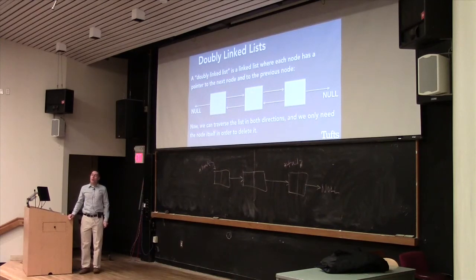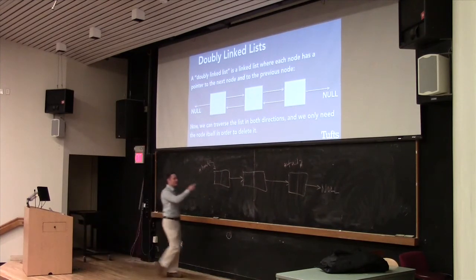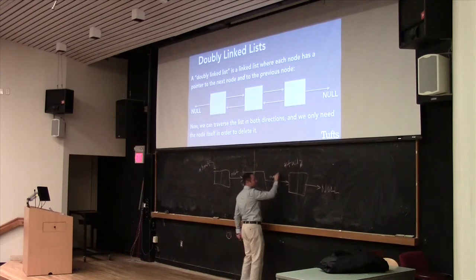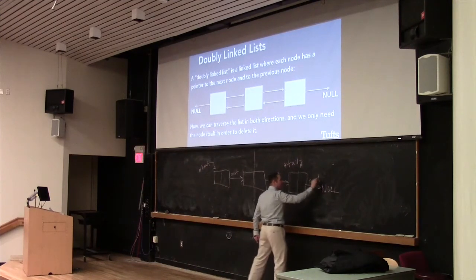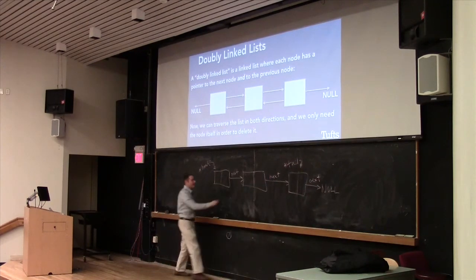All right? However, there is a better way. You can do these things called doubly linked lists, which means that instead of just having a link, you've got a link to the next node, which we'll call next. This one's next actually goes to null. And now we're going to do a link in the other direction, too.